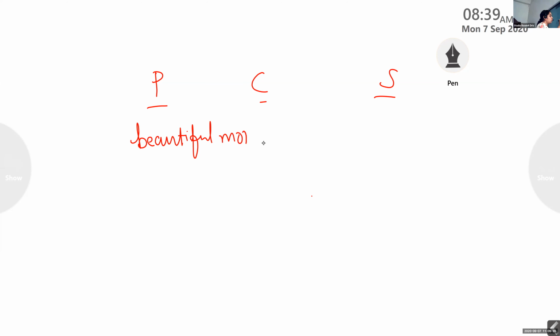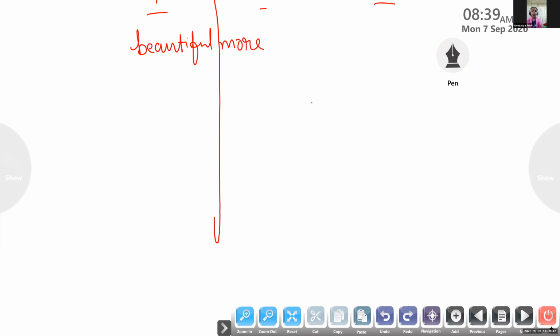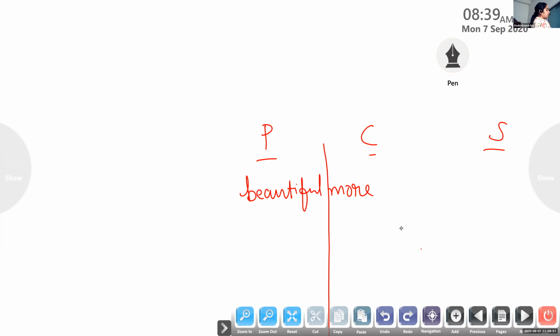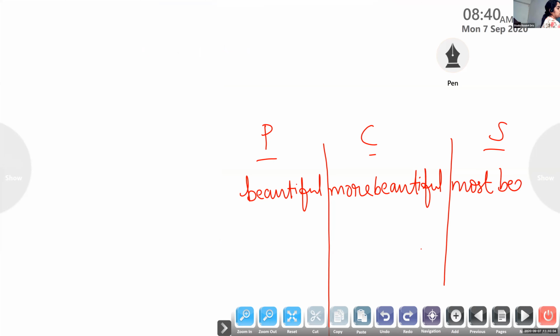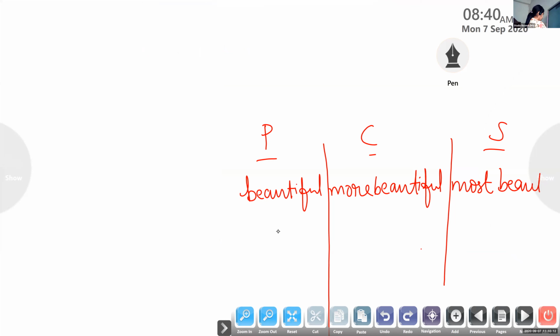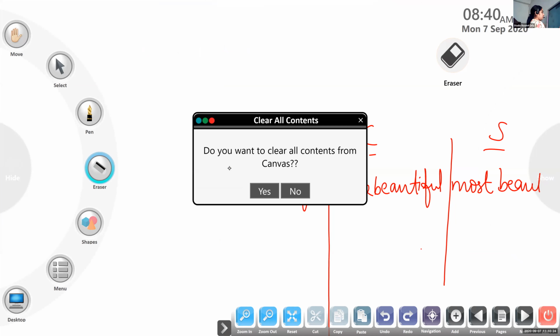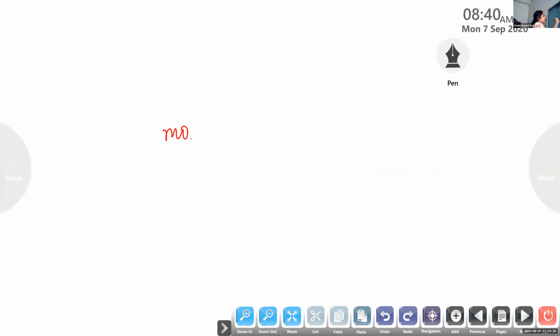Add more in comparative, so the word will become more beautiful in comparative, and most beautiful in superlative. Why? What is the rule behind this?